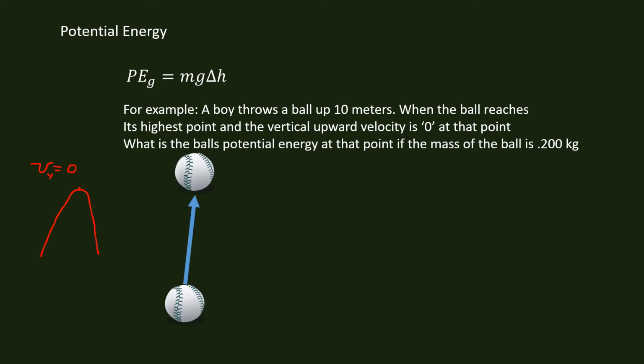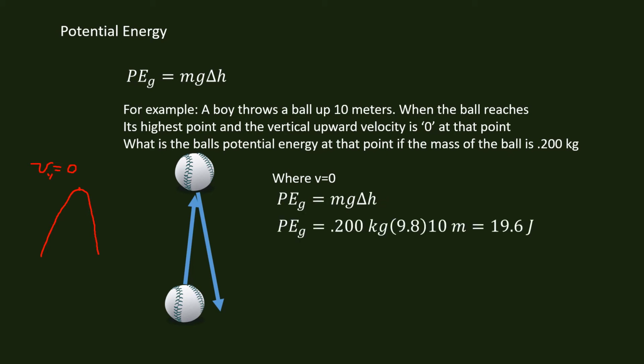So where v equals 0, PE equals mg delta h, and plugging in the numbers, we have 19.6 joules. Now, this is the potential energy when the ball is at the highest point.